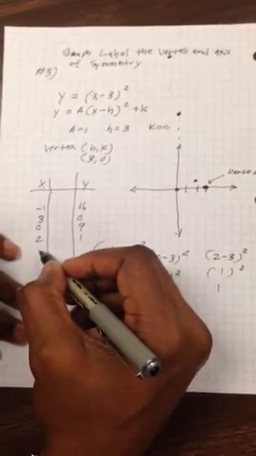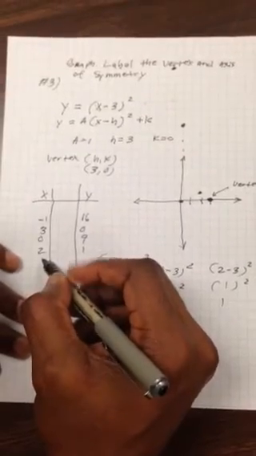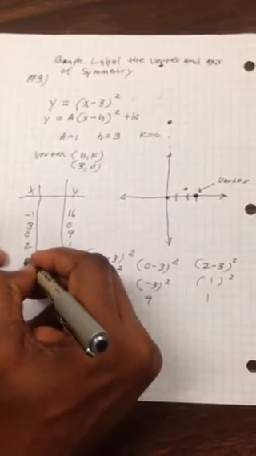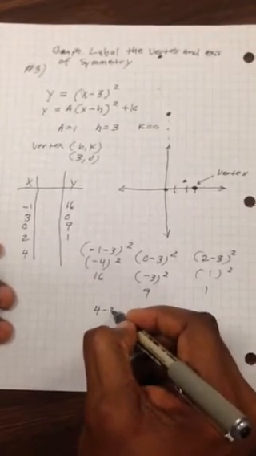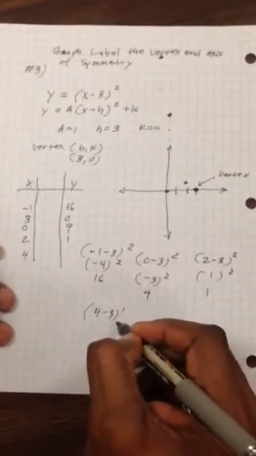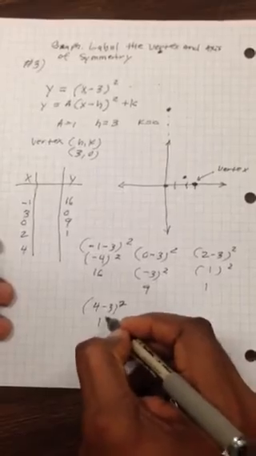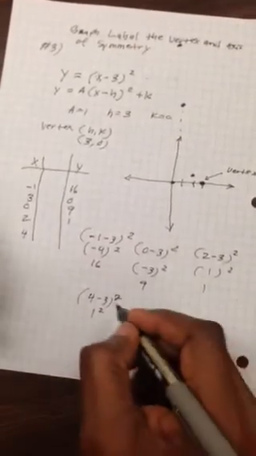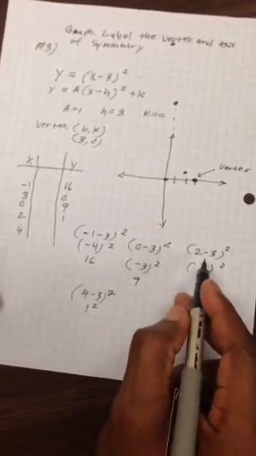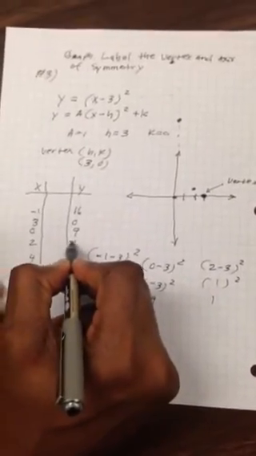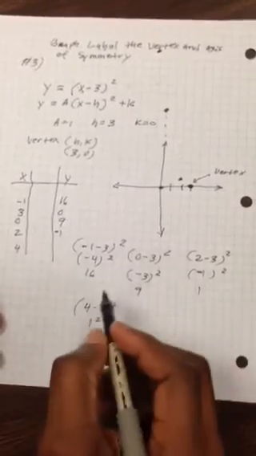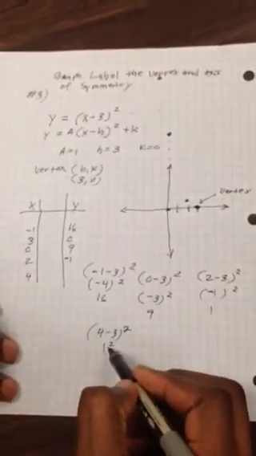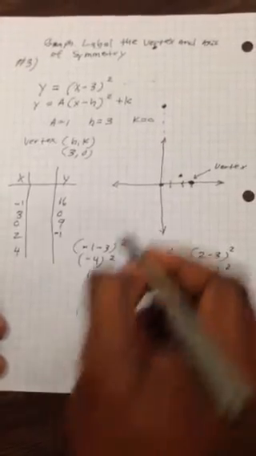Let me go 4. What's 4 minus 3? 1. So that's 1 squared, which is 1. So 4 and 1.